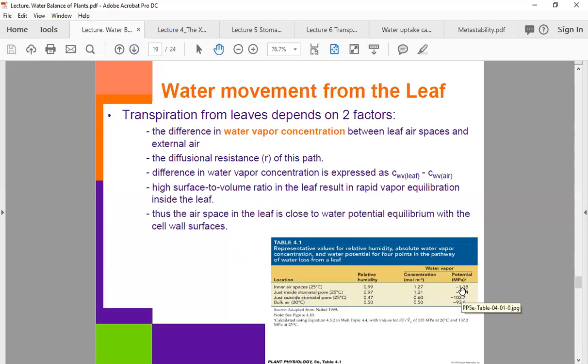We've gone from negative 1.38 to negative 7.04. And just outside the stomatal pore, we've dropped down to 0.47 relative humidity, and look at the water potential now, negative 103. Quite amazing that small differences in humidity cause such a huge difference in water potential.